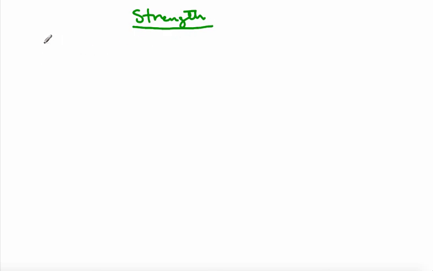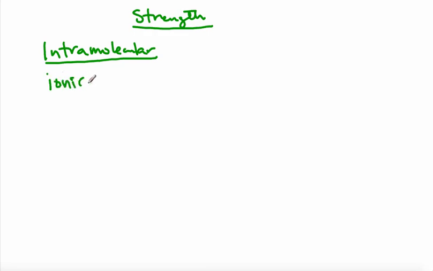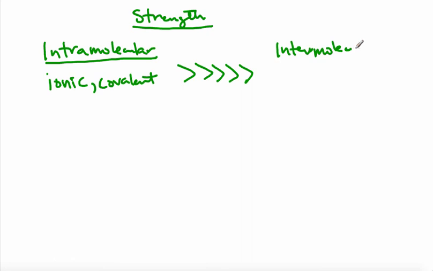if you have an intramolecular bond, that's a bond that holds atoms together in molecules. So that could be something like an ionic bond or a covalent bond or some flavor of that, a polar covalent bond. Those are all much, much stronger than intermolecular forces.